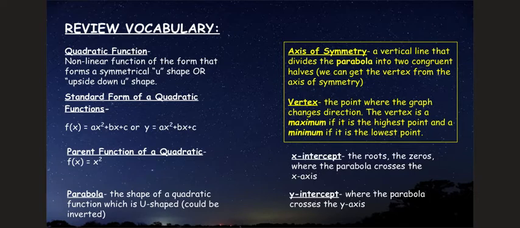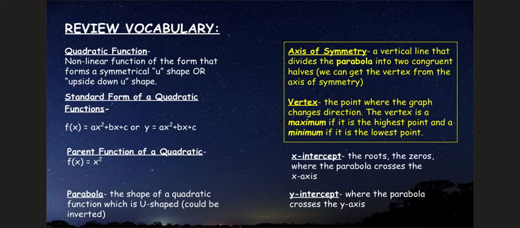The standard form of a quadratic function is f of x equals some number, which we're going to call a, times x squared, plus some number we're going to call b, times x, plus another number c. It could also not be written in function notation, so it could also say y equals a x squared plus b x plus c.